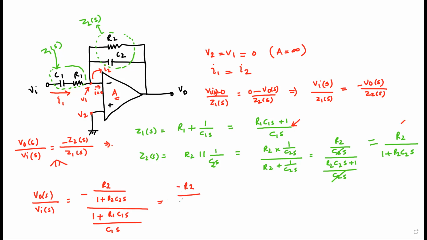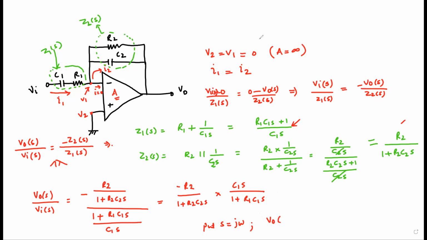We write like this: R2 C1 S divided by 1 plus R2 C2 S into 1 plus R1 C1 S. Yeah. So we try to put S equal to j omega in the above equation, and therefore we get the new values right here.